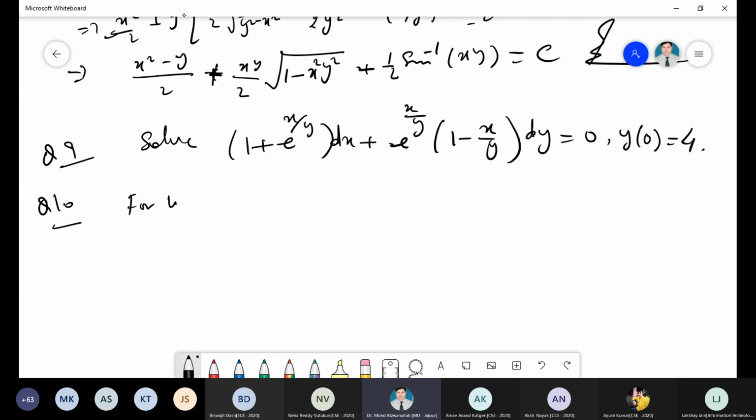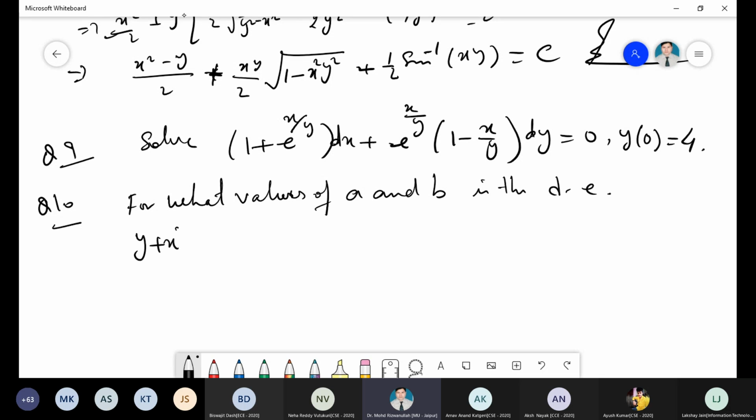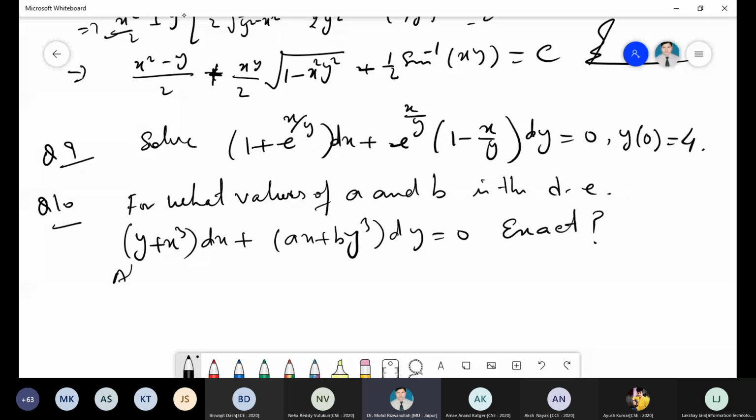For what values of a and b is the differential equation (y plus x cube) dx plus (ax plus by cube) dy equal to 0 exact? Also find the solution of the differential equation.